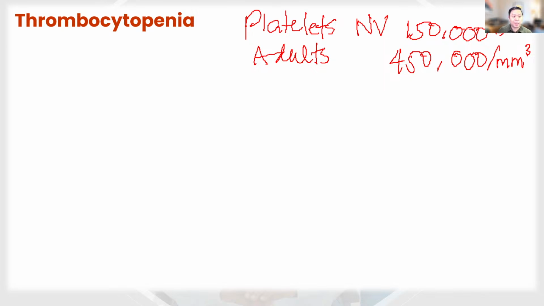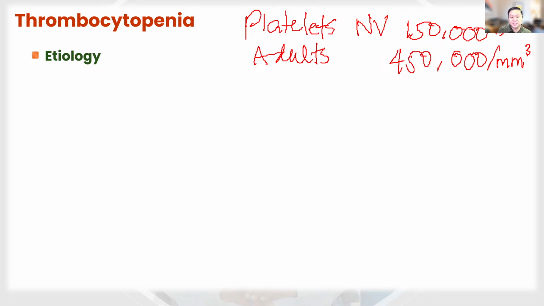A patient probably would be manifesting a lot of bruising, petechiae, or hematoma. And this can possibly lead to hypovolemia when the patient ends up bleeding, if it's not controlled. Now, let's talk first about the etiology of thrombocytopenia.